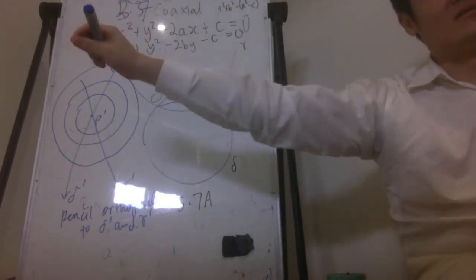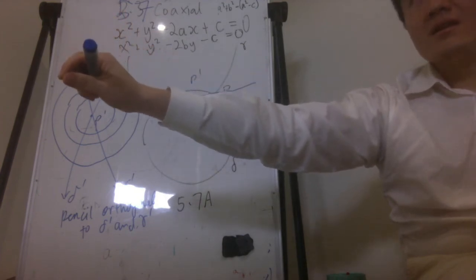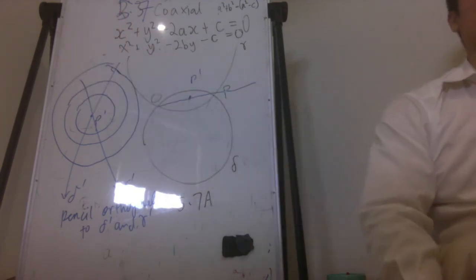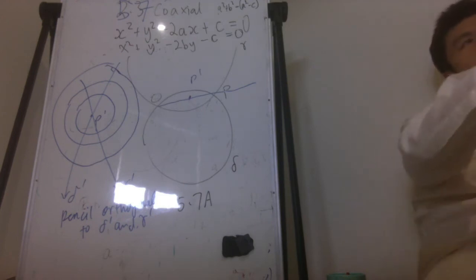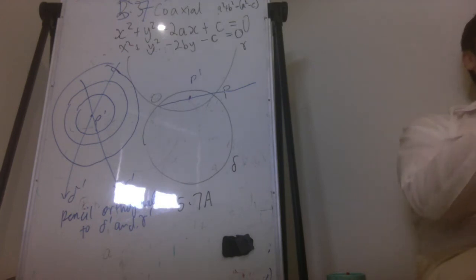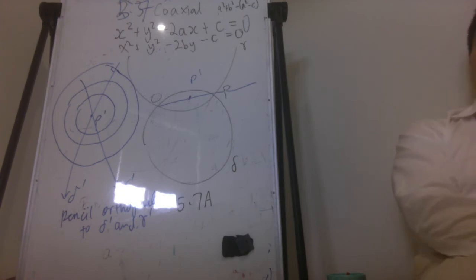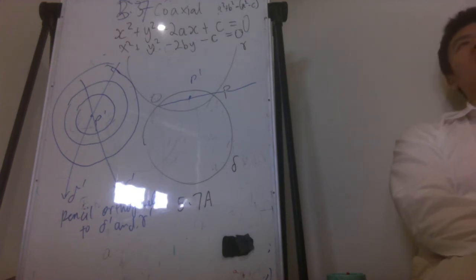Because we know they go to lines. Or do we? For inversion, circles either go to straight lines or circles. The circles that pass through the origin go to straight lines, and circles that don't pass through the origin go to circles. You're going to assume that for this. The fact that it's claiming they go to diameters suggests they go to straight lines, so the circles pass through the origin.